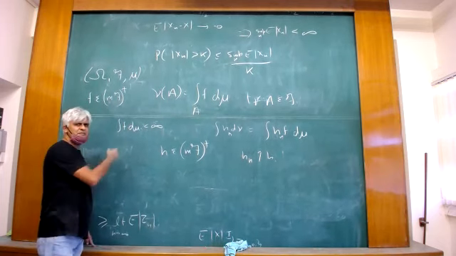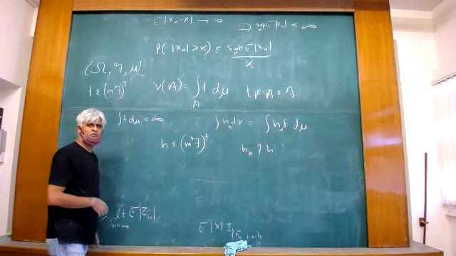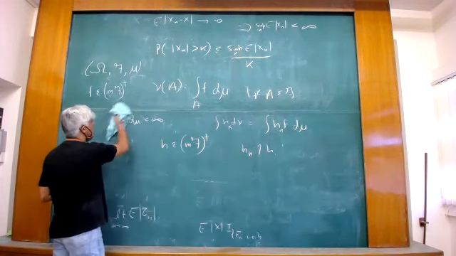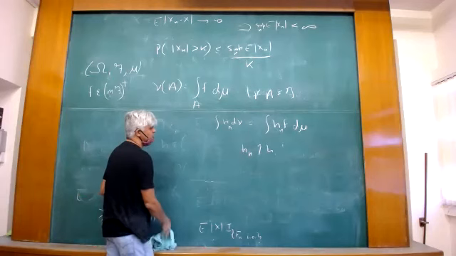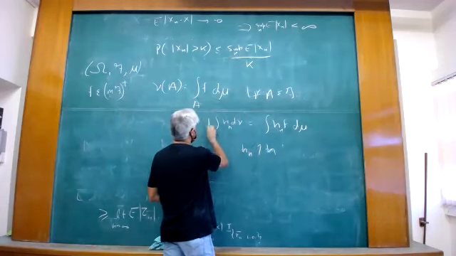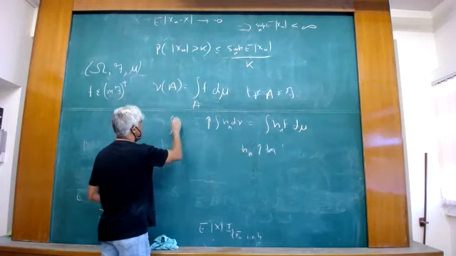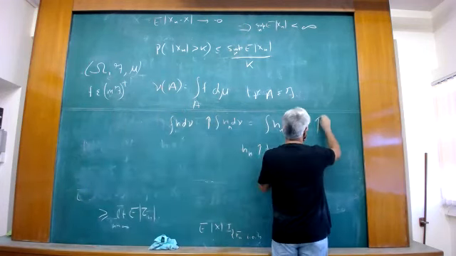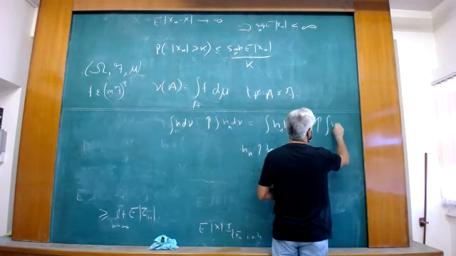We just need the monotone convergence theorem to work this out. hn is increasing to h, and that tells us this integral is going to increase to the integral of h dν, and this one is going to increase to the integral of hf dμ. Everything is non-negative, so you can apply monotone convergence.